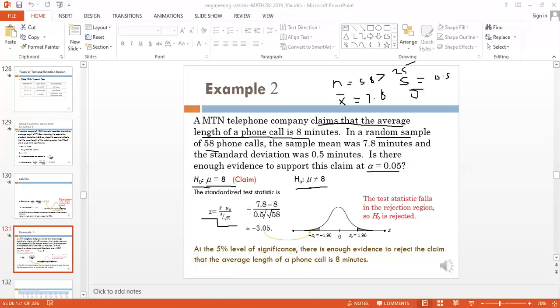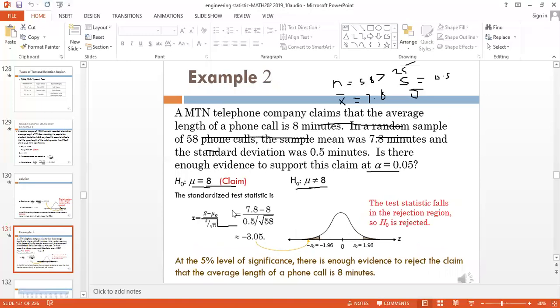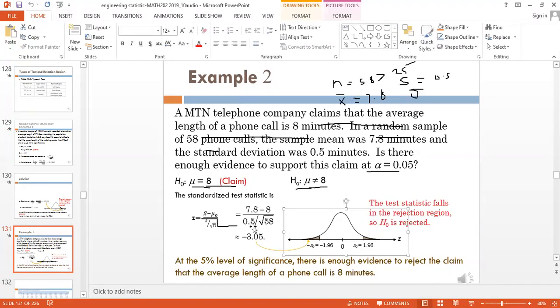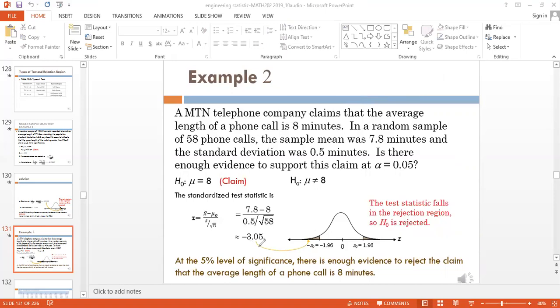Once you plug those values in, which is 7.8, the sample mean, minus the test value, which is 8 here, over the standard deviation 0.5 divided by the square root of the sample size, we should get negative 3.05. So you can verify that too before we continue.